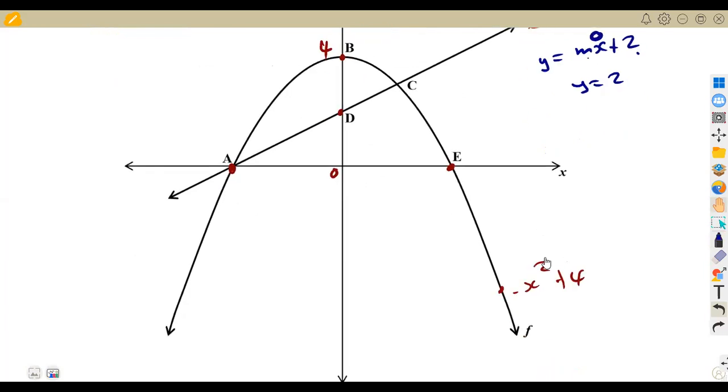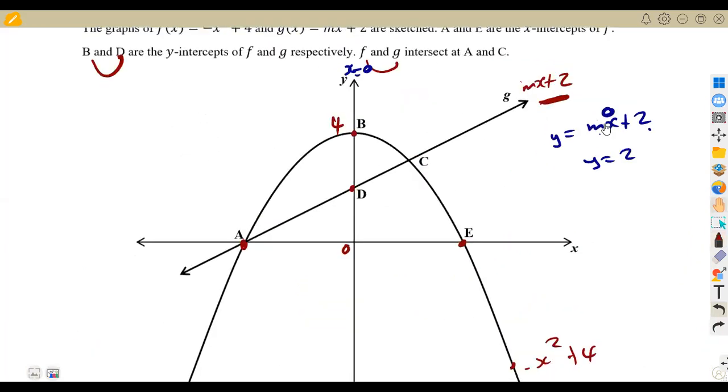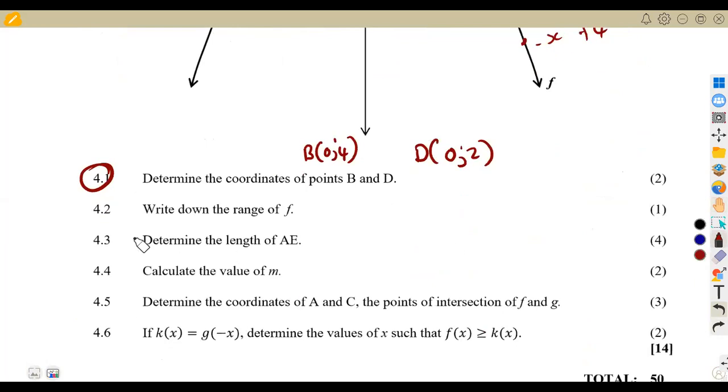So our y-intercept is at 2, and the point D is therefore 0, 2. Or you can just take the value that we see here. Remember, our equation is written in the form y is equal to mx plus c, where c is the y-intercept, and the y-intercept there is given as 2. So that means there is a 2 at point D. All right, so that was it there.